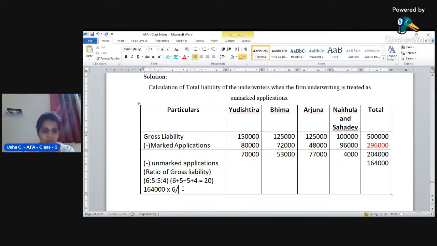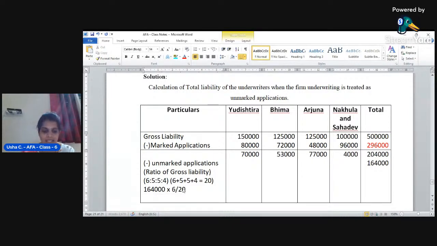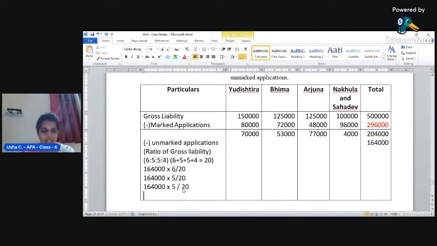Out of 20 rupees, 6 rupees belongs to Yudhishthira. So 1,64,000 into 6 divided by 20, same way 1,64,000 into 5 divided by 20, then 1,64,000 into 5 divided by 20, then 1,64,000 into 4 divided by 20.